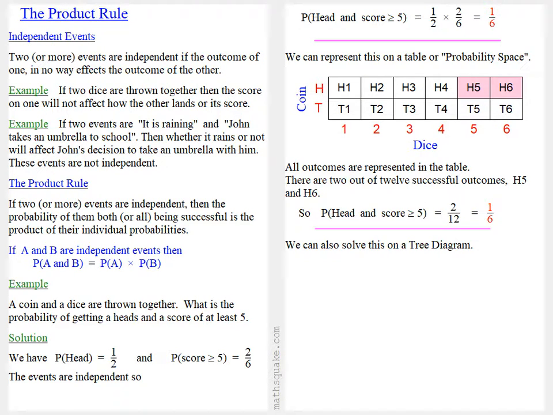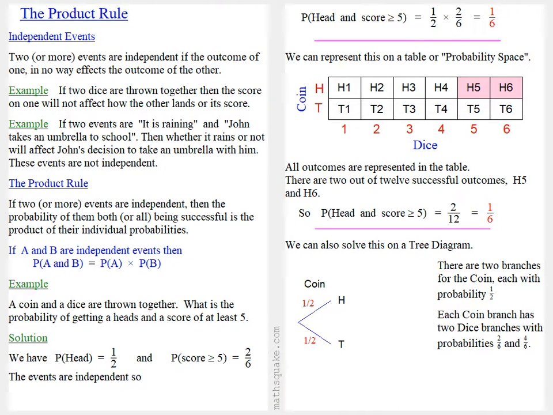We can also solve this on a tree diagram. When we throw the coin, there are 2 branches, heads or tails, and each of these has a probability of a half. Now for each coin branch, there are 2 dice branches, greater or equal to 5 or less than 5, and these have probabilities 2/6 and 4/6.